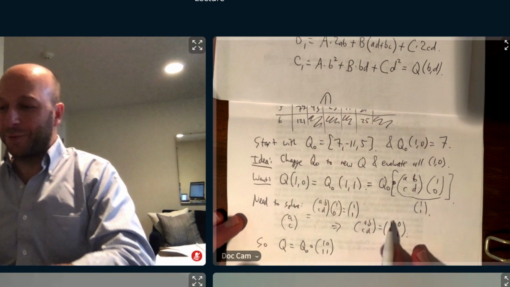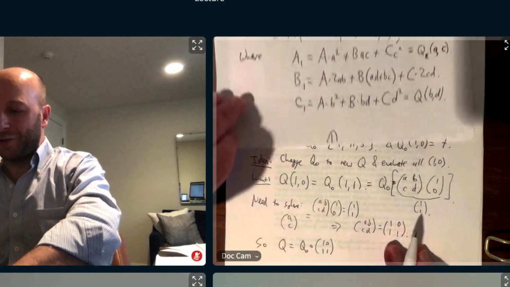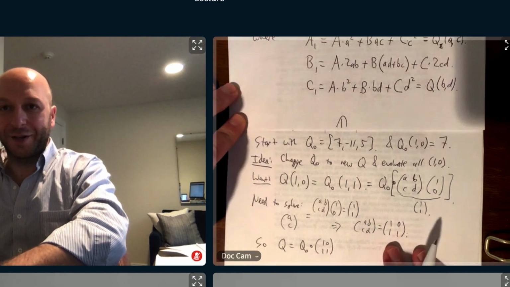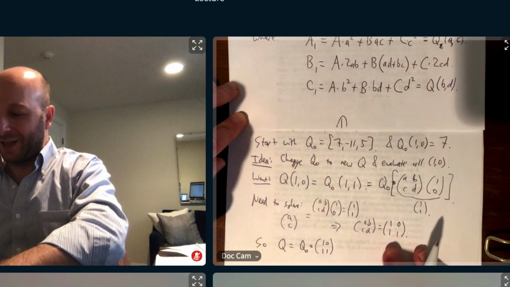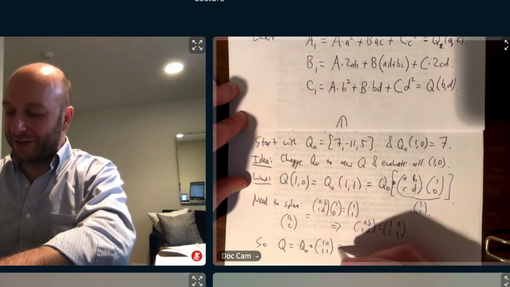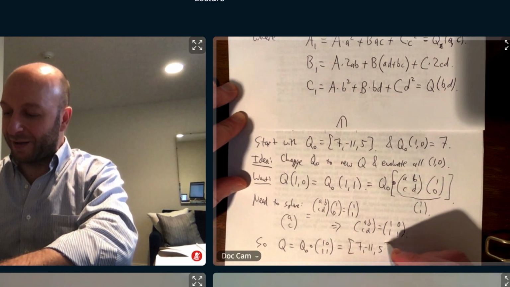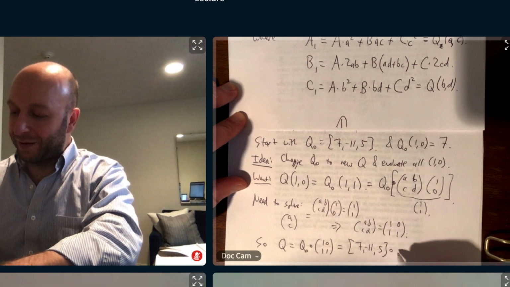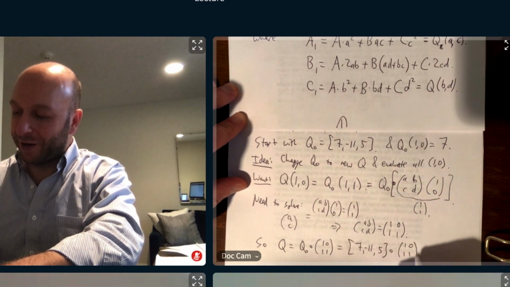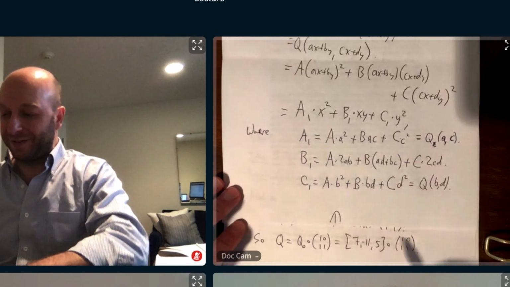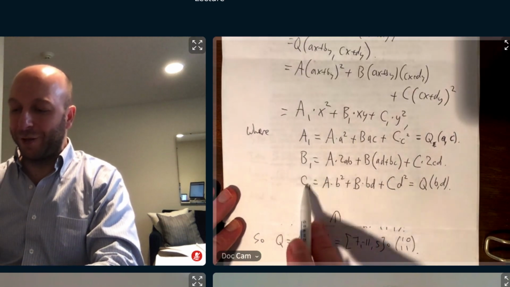Now what happens when you compose a matrix? You get new coefficients. The original Q0, let's see, how do I show you all of these at once? The original Q0, I guess I'll just write 7, negative 11, 5, composed with 1, 0, 1, 1. And we just need to plug into this formula for A1, B1, and C1.